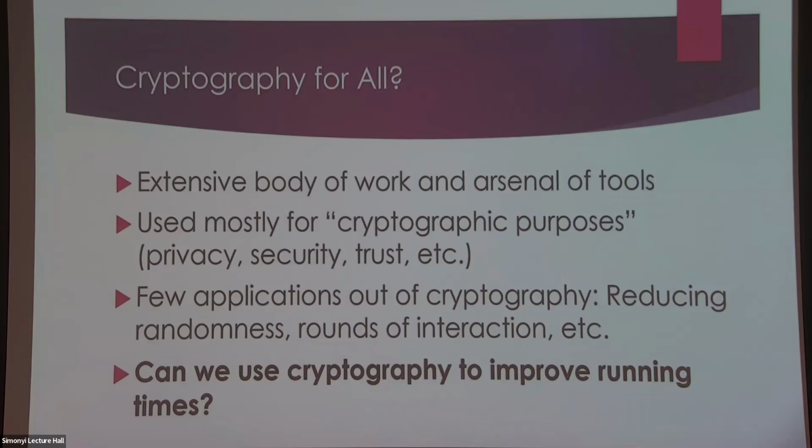But we do have, from the very beginning, a few applications of either cryptography or cryptography-inspired notions for some other things outside of these cryptographic purposes. For example, things like reducing randomness or de-randomizing things, or reducing interactions, say Fiat-Shamir and things like that.